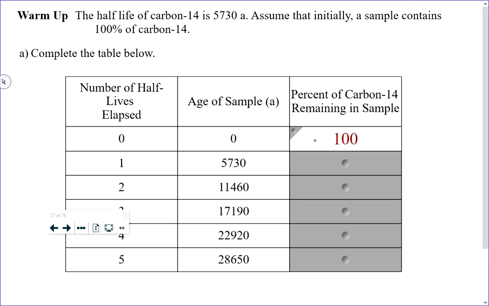It's not pure carbon-14, but there's a certain amount of carbon-14 in that sample. And how many of you have heard of carbon-14 radioactive dating, where you date the age of samples with carbon-14? We're going to talk about that in a bit. After 5,730 years, the percentage that's going to be left will be 50%.